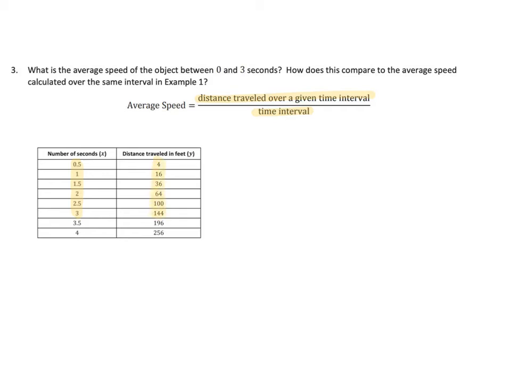In that time, what was the distance we traveled? Well, in 3 seconds we traveled 144 feet. In the time interval, how much time? Well, it was 3 seconds. So this is how we find our average between those times.